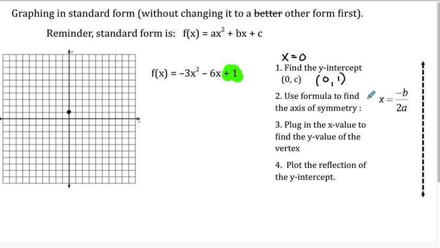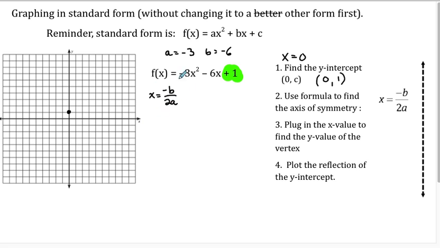Then I'm going to need to apply this nice little rule that I learned in class. This is the one that we derived from our work today. So we know that x is equal to negative b over 2a. And again, remembering that this is ax squared plus bx plus c, a here is equal to negative 3, and b is equal to negative 6.